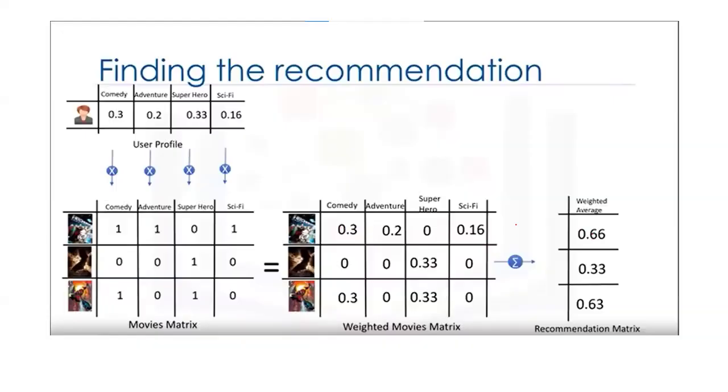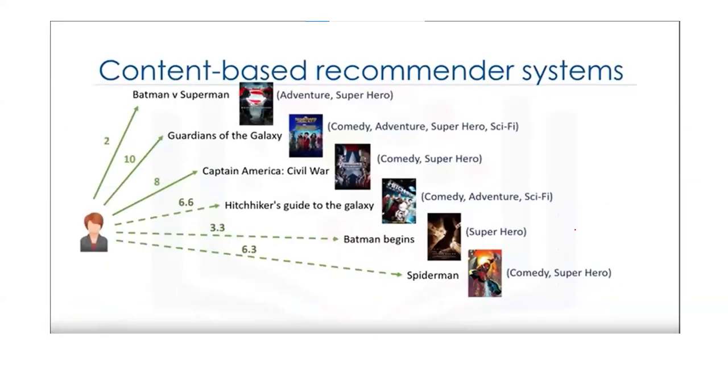Whichever movie's weights are higher, that movie will be recommended. In this case, this particular movie has the higher weighted value. This is known as the recommendation matrix, and the items with higher values will be recommended.